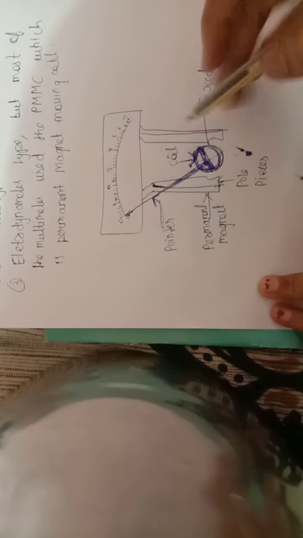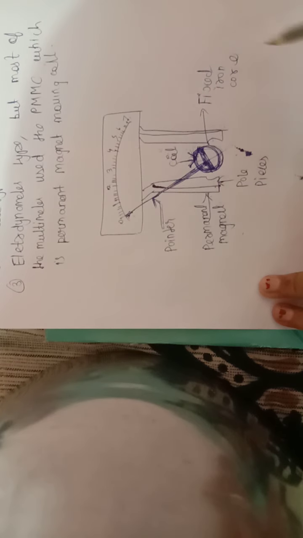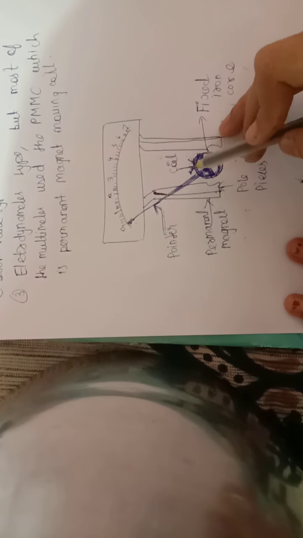The iron core, which is a fixed iron core, helps to make a field radial, which ensures uniformity throughout the coil.